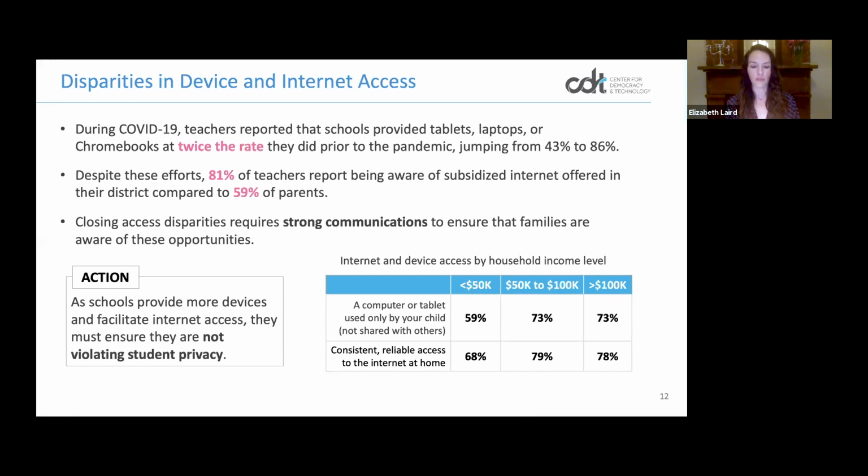But I also believe that we can't sacrifice privacy in the process, and it can't be an afterthought, where we give out a bunch of devices or we share a lot of data with internet providers, and then we ask ourselves how do we keep students safe. These things actually need to go together, and you can do both. So the part that we're trying to help with is, as you're giving out devices or as you're ensuring that households have broadband, how do you make sure you're not sacrificing privacy as part of that too?